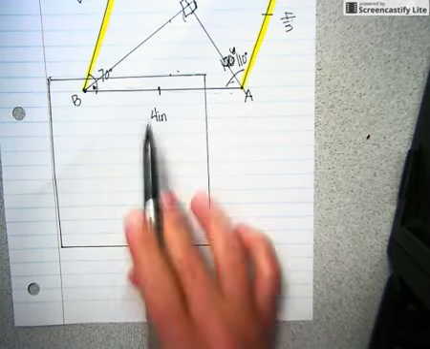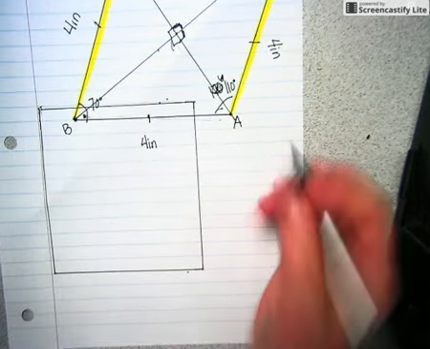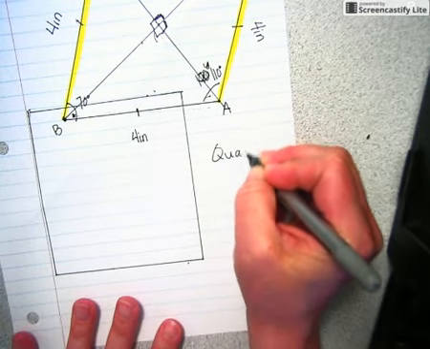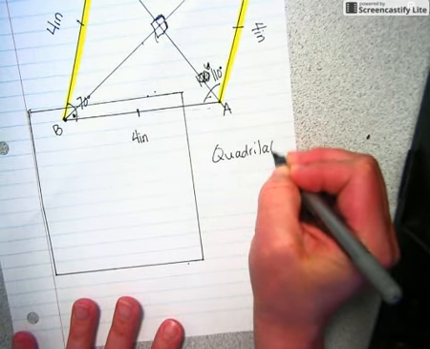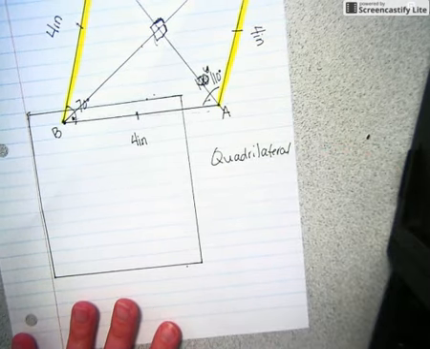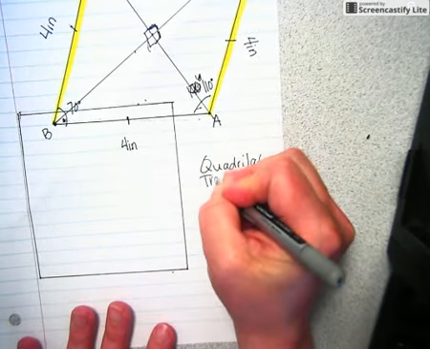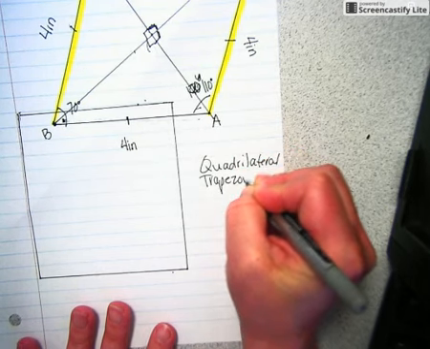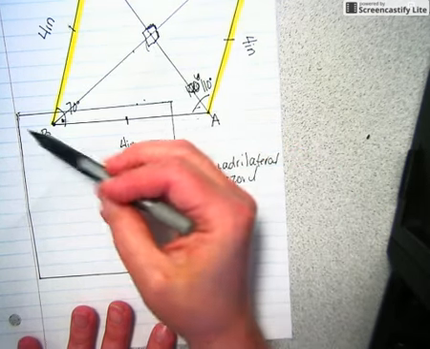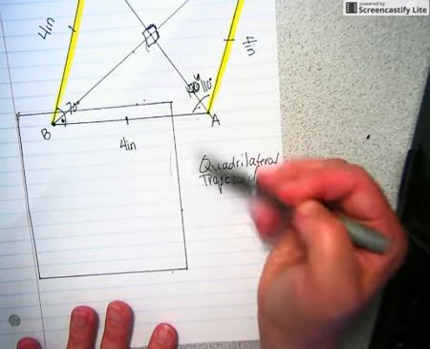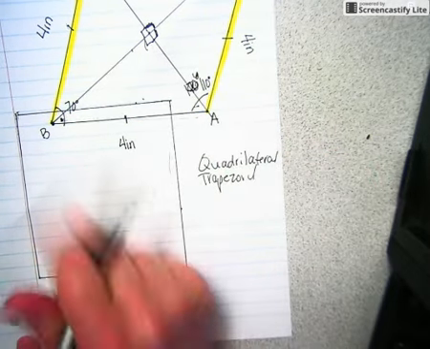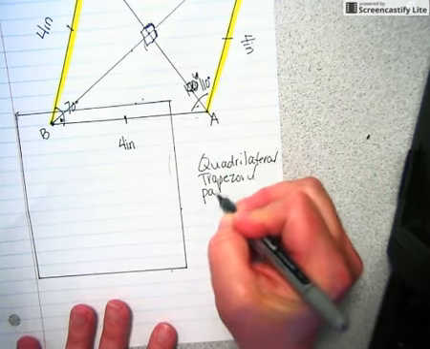First off, it has 4 sides, so it's a quadrilateral. Okay. This side is parallel to this side, so automatically it's a trapezoid. This side is parallel to this side, so that means I have 2 sets of parallel lines, which means it's a parallelogram.